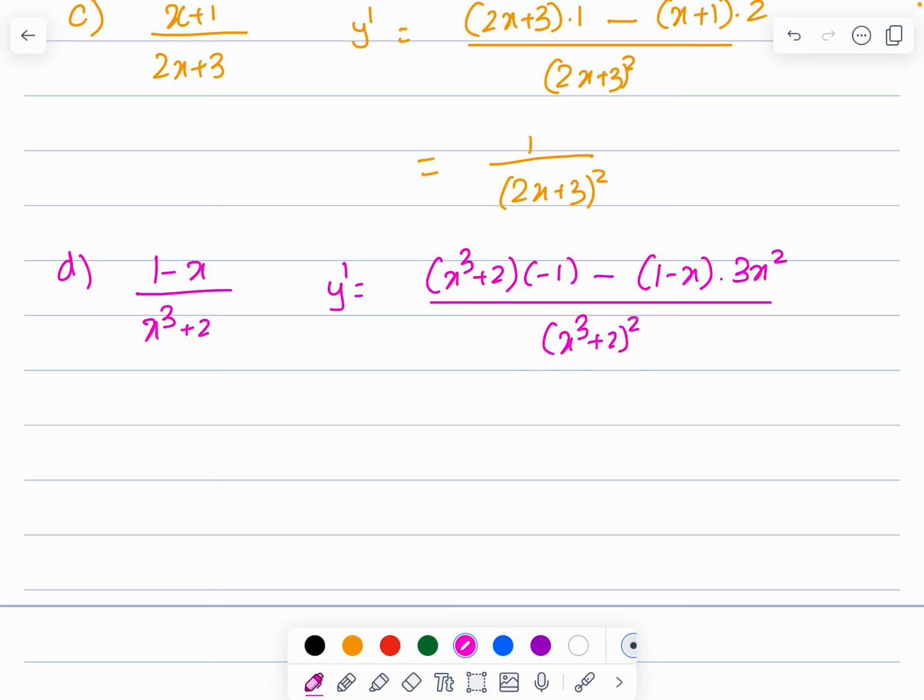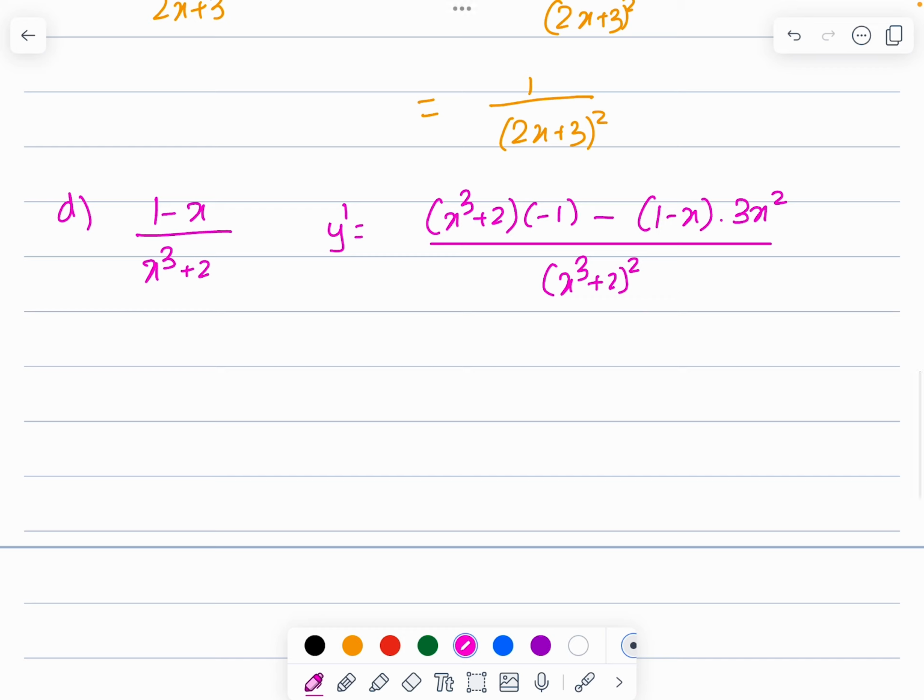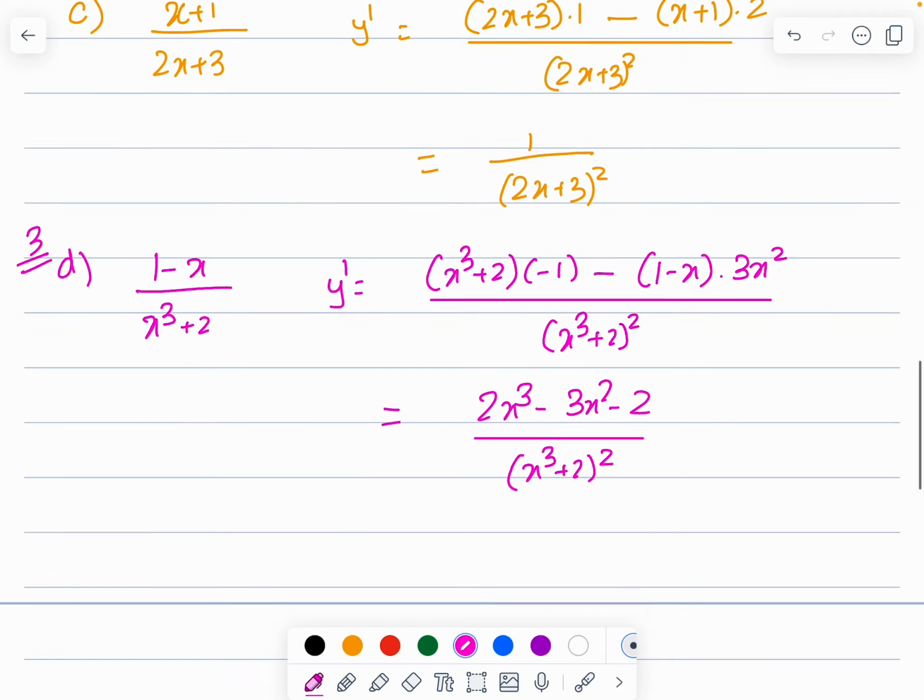When you simplify this, let me write that answer: 2x cube minus 3x square minus 2 upon x cube plus 2 whole square. This is basically the third question part D, which I skipped, so I did the third question part D.